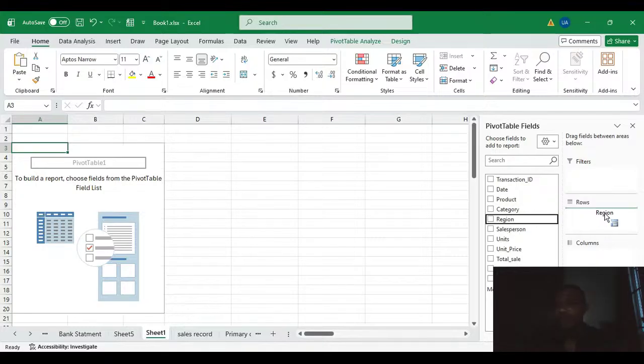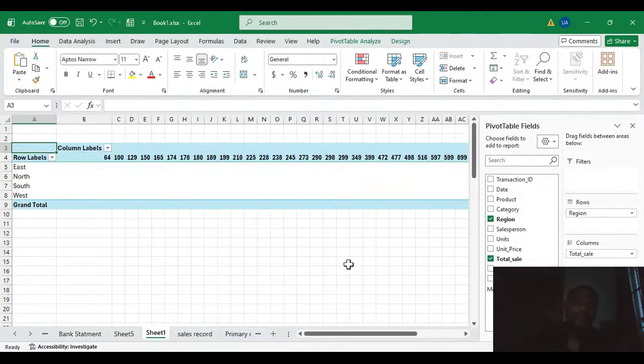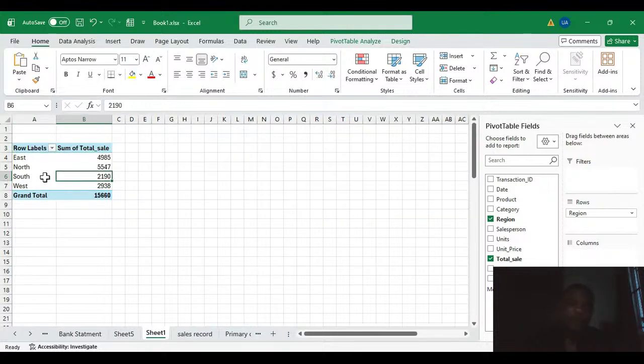So if I move this down here and then I move my total price here, okay, let me move this to this area here. So we have four different regions: the east, the north, the south, and the west region. And over here it is very clear that the northern region has the highest sales, followed by east, then followed by other regions.